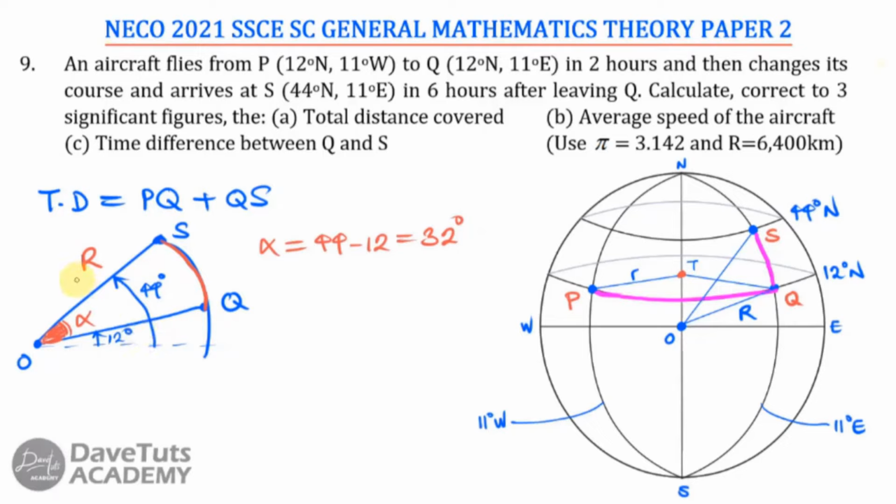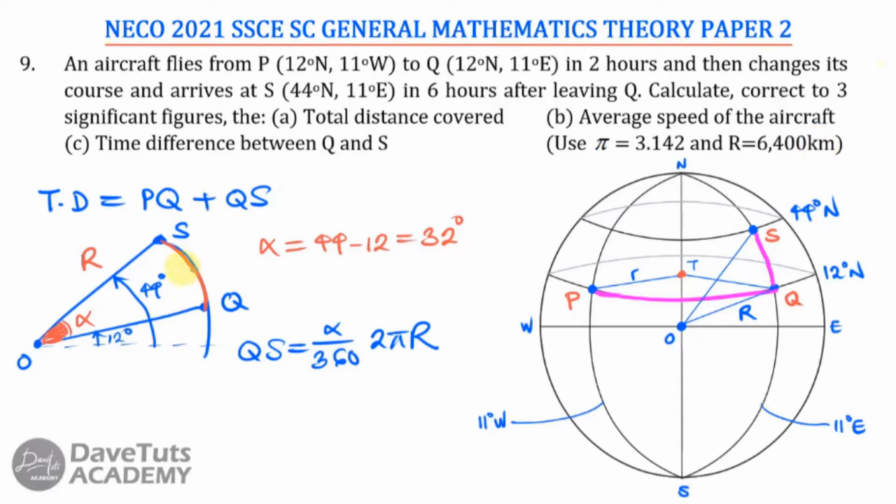OS and OQ, they are both R. So the distance QS for this particular case is nothing but alpha over 360, because it's just the length of an arc, multiplied by 2 pi R. And that R is the radius of the earth, which we are given as 6,400 kilometers. So we have all the parameters that we need.